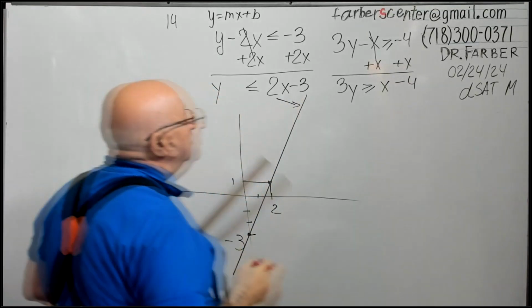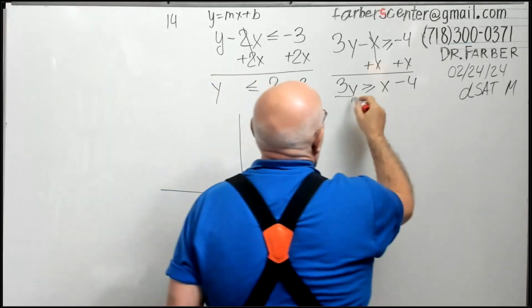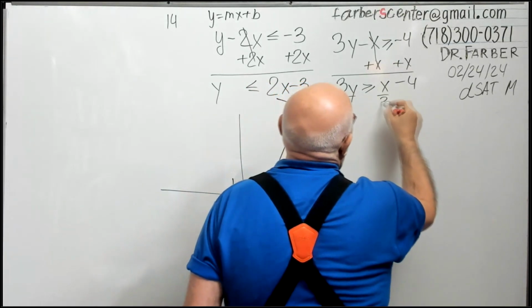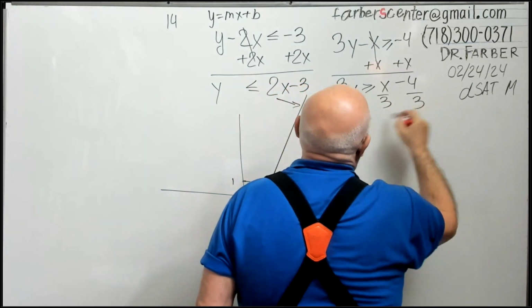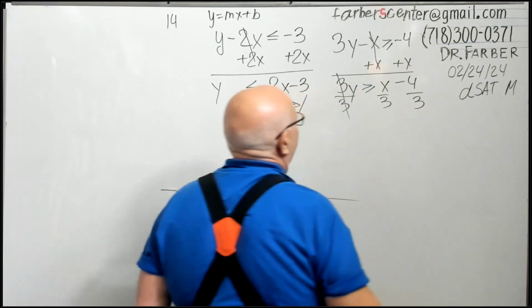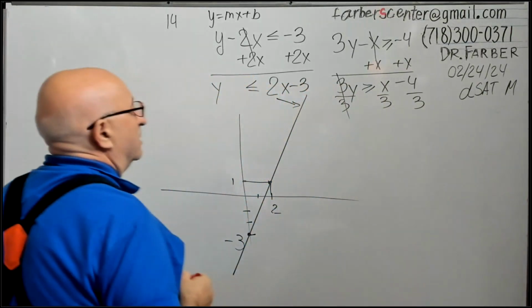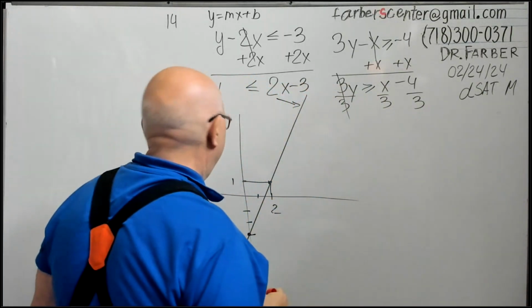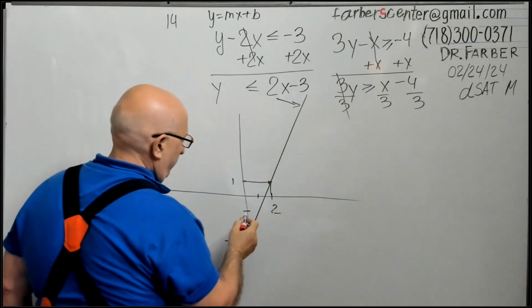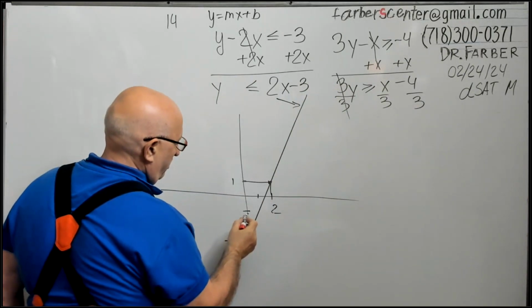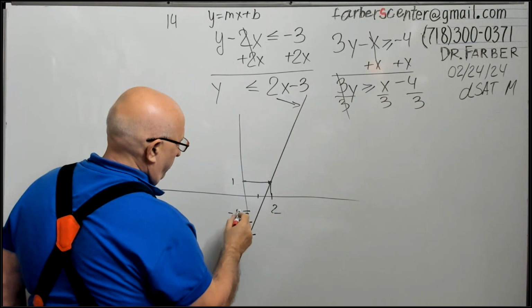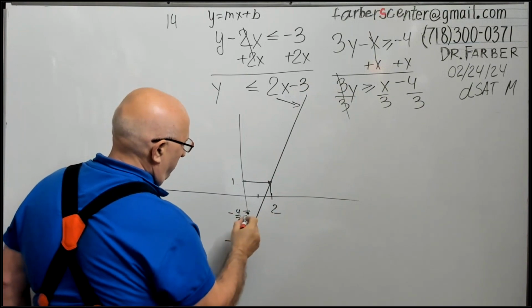Now, if we divide both parts by 3, the y-intercept is negative 4/3, it's kind of like this, negative 4/3, one point.